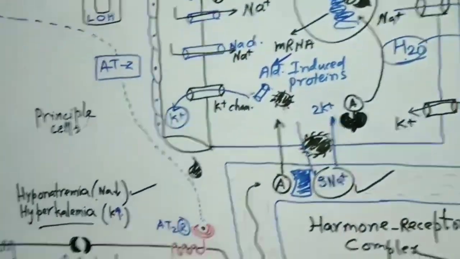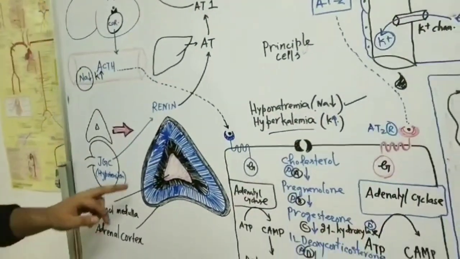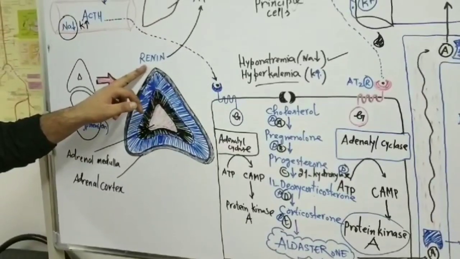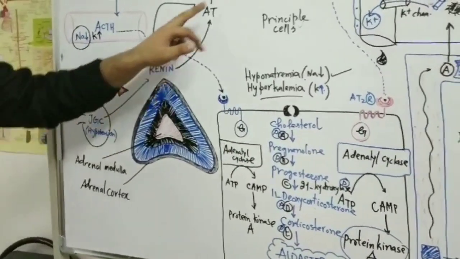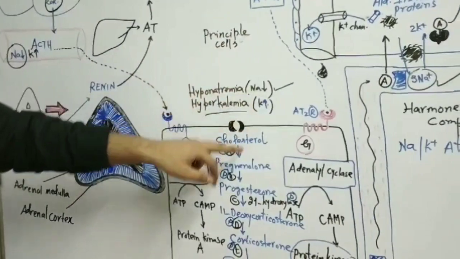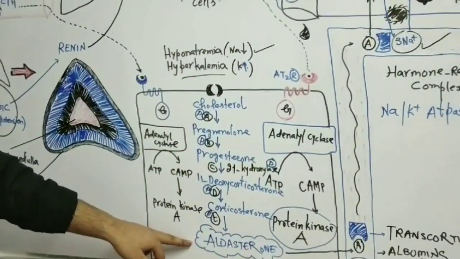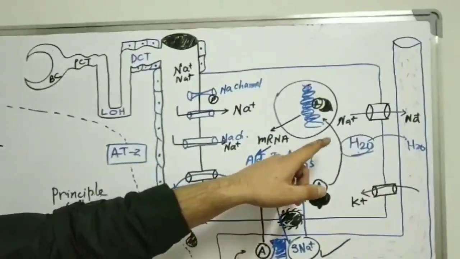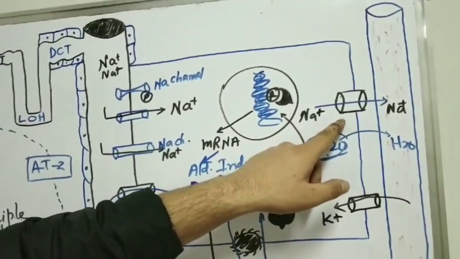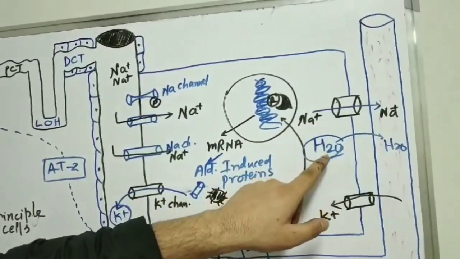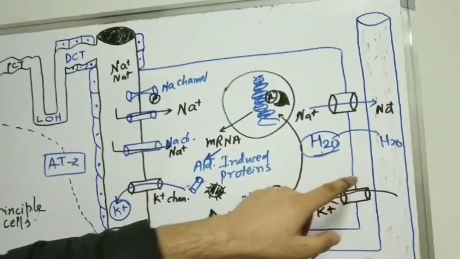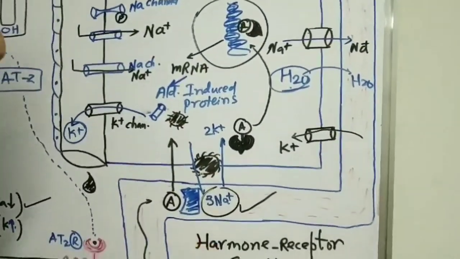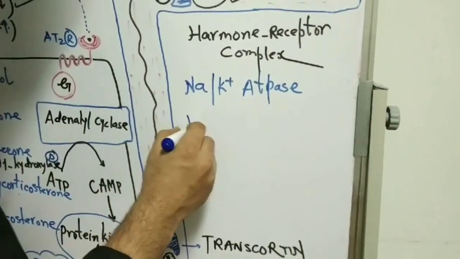Now, as you can see here, there was a hypotension, and the renin was secreted. Then there was the formation of angiotensin II. Then eventually there was a release of aldosterone. What the aldosterone does, it reabsorbs the sodium here. With sodium it absorbs water also. Now we can say the volume of the blood will increase. There will be hypervolemia.